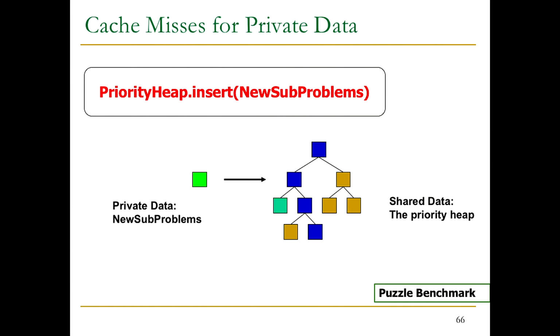So let's say we are inserting this. We touch a lot of shared data to be able to insert this little amount of private data. So this is one example where the shared data that you touch inside a critical section is much larger than the private data that you touch. And that's usually the case. Ideally, you want to protect the shared data in the critical section.